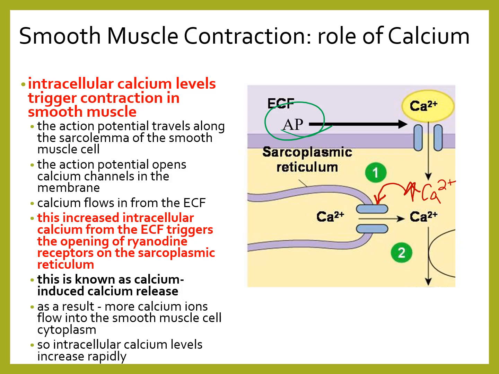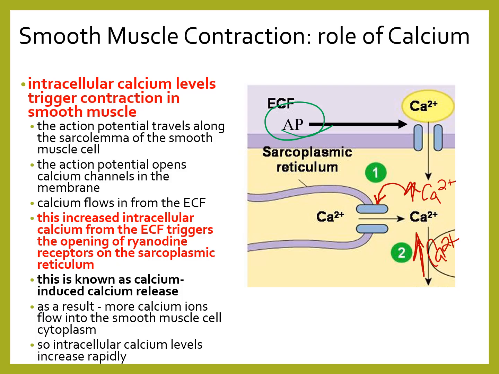So this slight increase in intracellular calcium, which has come in from the extracellular fluid, is now going to trigger the opening of calcium release channels in the sarcoplasmic reticulum. That calcium is going to come out. And now we have, again, a very large increase in intracellular calcium. And then that calcium can be used in the subsequent events of contraction. This is called calcium-induced calcium release.